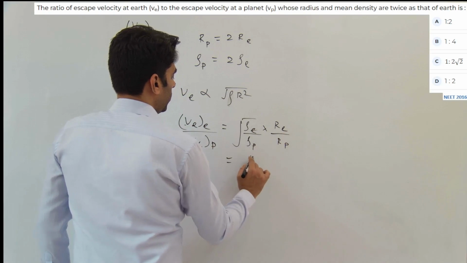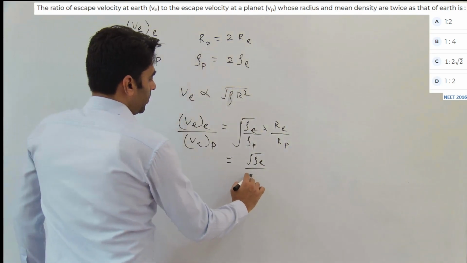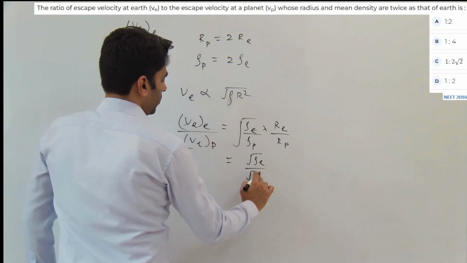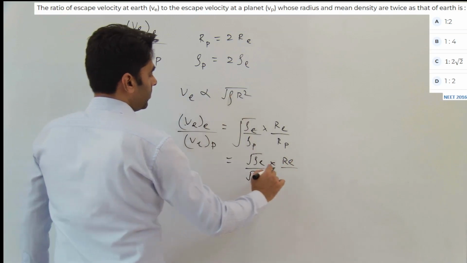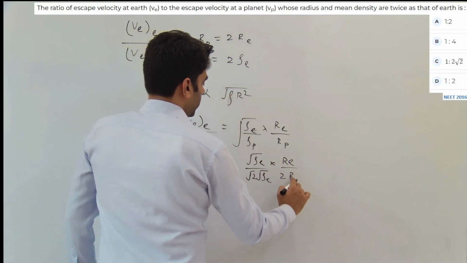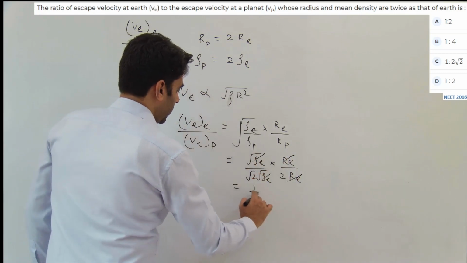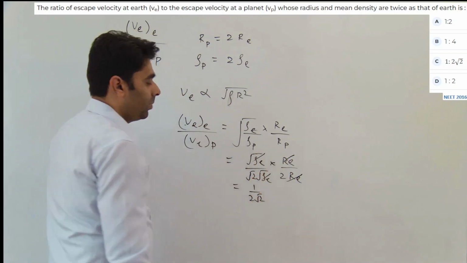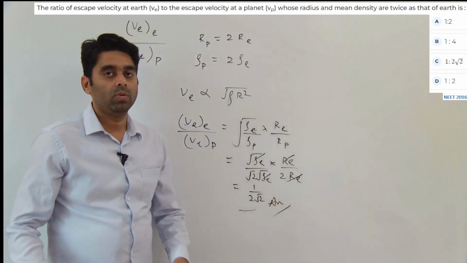Let's substitute: this will come out to be 1 by root 2 into root rho e by rho e, into radius of Earth by 2 times the radius of Earth. So this cancels out. Our answer comes as 1 by 2 root 2. The ratio that comes out is 1 by 2 root 2. Right? I hope you understood this.